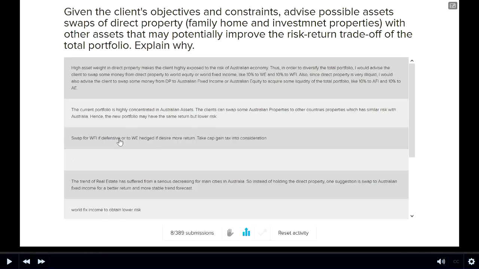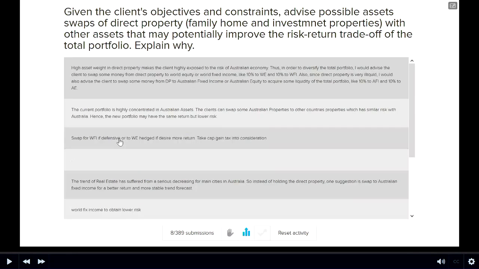At the same time, because you nominated world fixed income, world equity, you're trying to diversify Australian economic risk. But you have to write these down to make the reader understand. So that's quite a typical mistake or weakness in your writing. This morning, a few groups gave me their report to read.